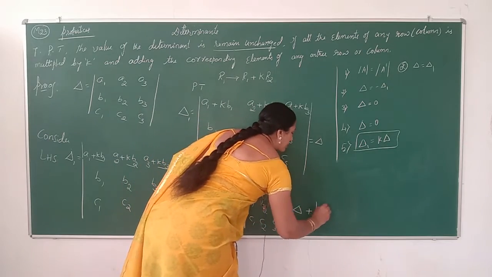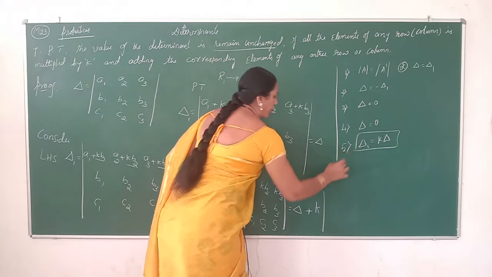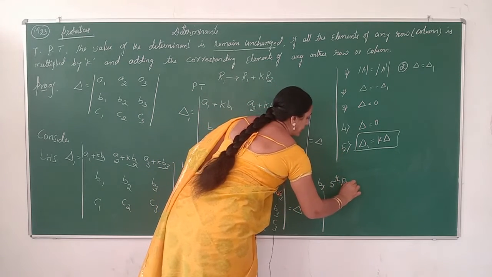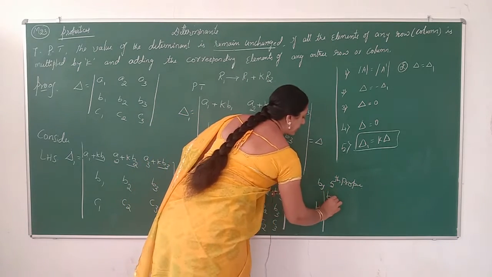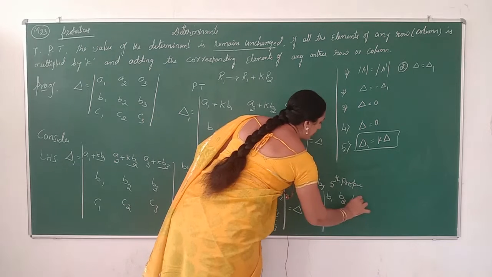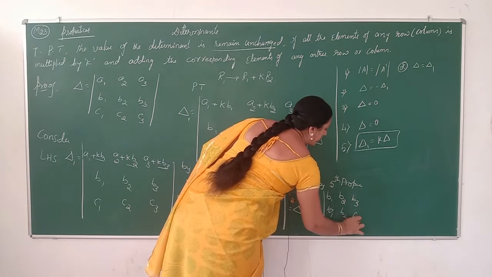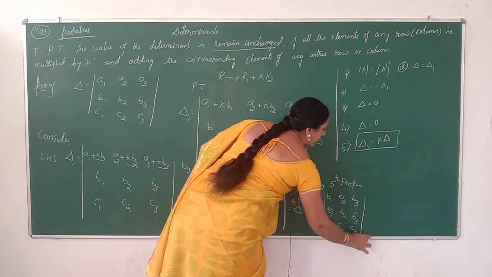Therefore, k can be taken out as a common factor by using the fifth property. After that, with k as a common factor, it can be written as B1, B2, B3 in the first row, again B1, B2, B3 in the second row, and C1, C2, C3 in the third row.